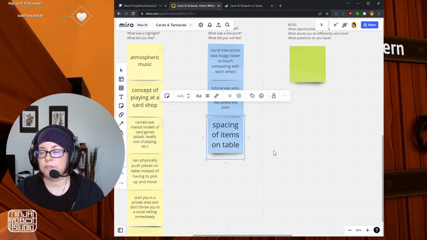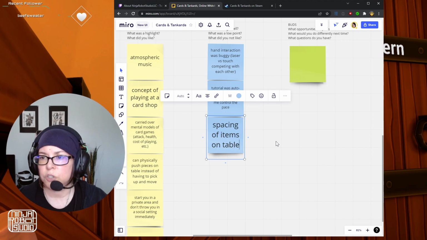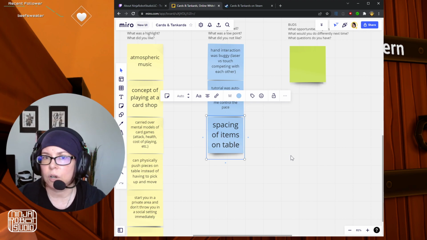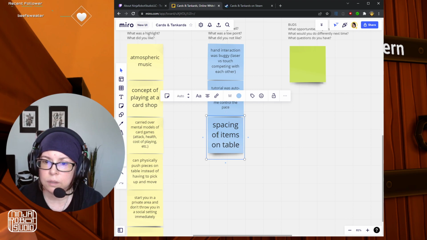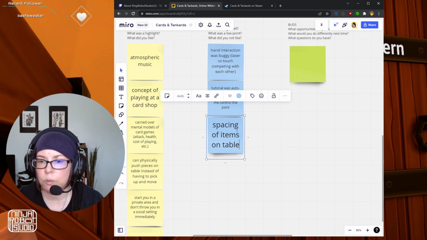That's a benefit for them because then they're shielding their own direct health. That's good for them, but I need to be able to target that if that's what I want to do. It would cause major frustration if I accidentally picked the wrong target because the targets were too close together for me to do that accurately. That's a problem with the game design, not a problem with the player.